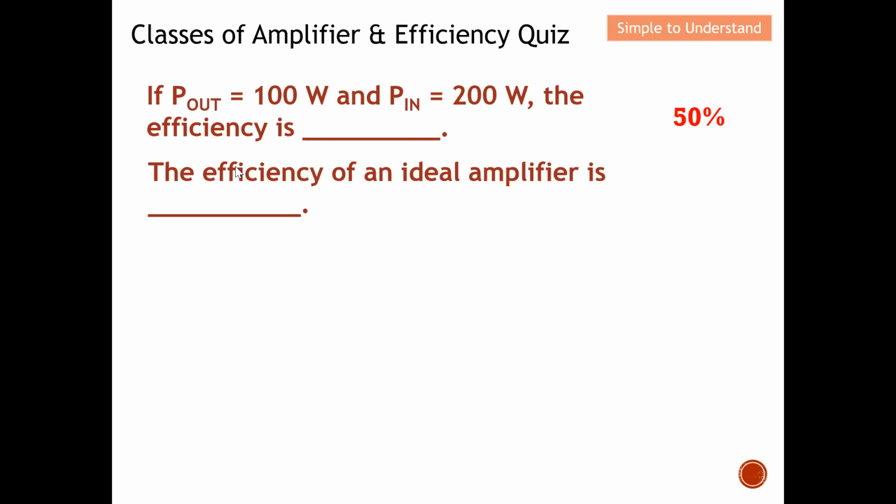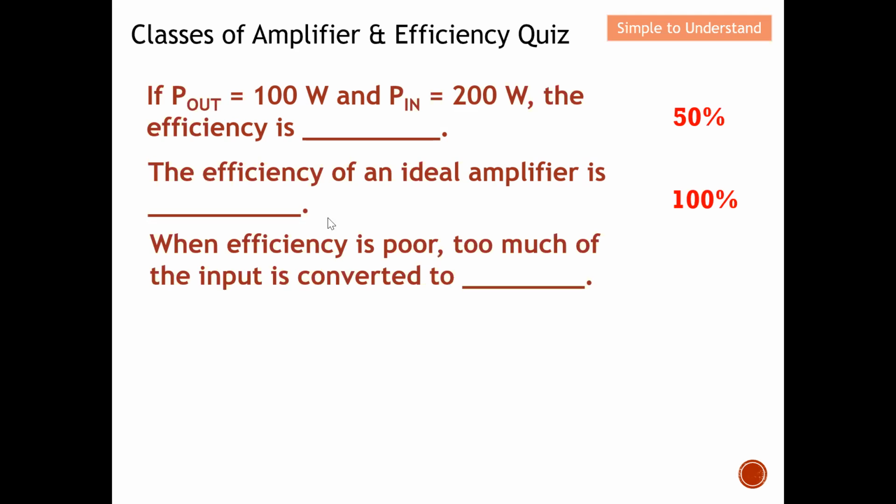Next, the efficiency of an ideal amplifier. If it's an ideal amplifier, the efficiency should be 100%. Next, when efficiency is poor, too much of the input power is converted to heat.